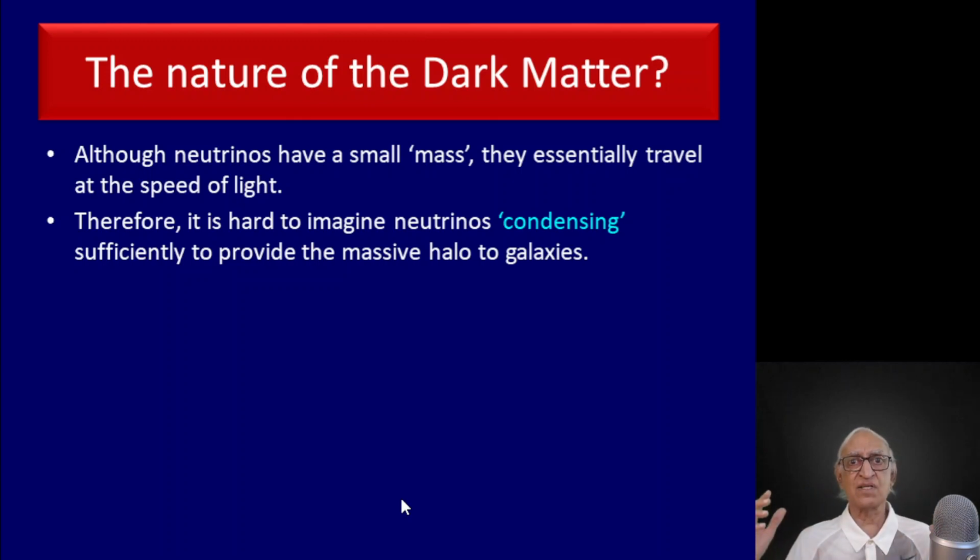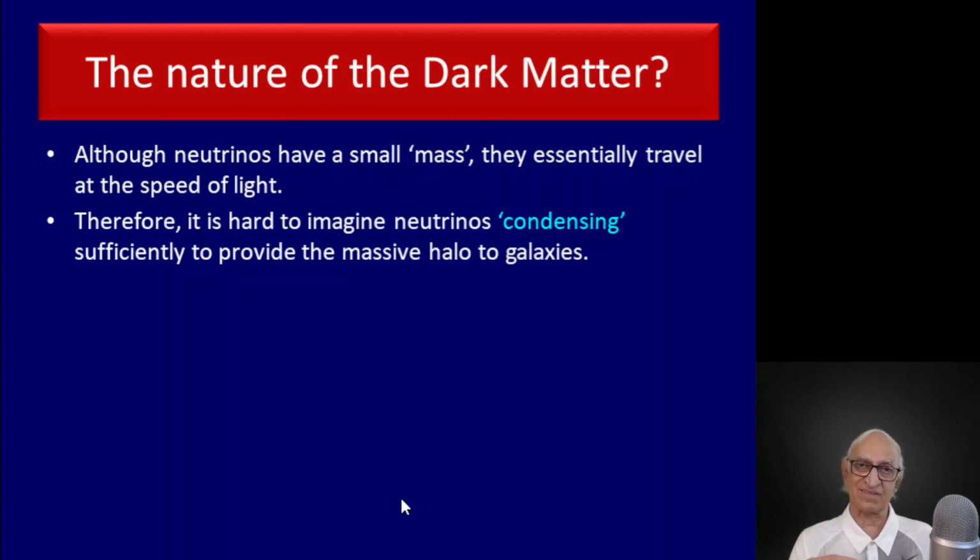Now, as long as you're dealing with objects like clusters of galaxies, which consist of thousands of galaxies, it is conceivable that you can imagine neutrinos condensing into a gigantic cloud, and the whole cluster of galaxies is embedded into this cloud.